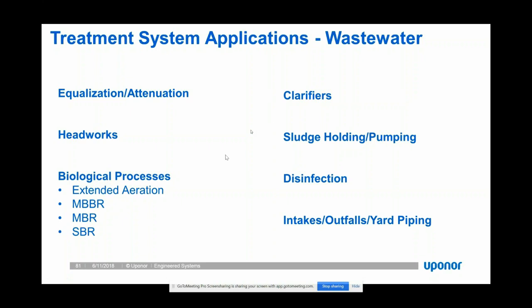Clarifiers, small clarifiers, sludge holding and pumping, and disinfection, like I mentioned for water treatment, also apply here. Chlorine contact basins and UV contact chambers are really ideal applications for this. And then intakes and outfalls and yard piping are also applicable here.